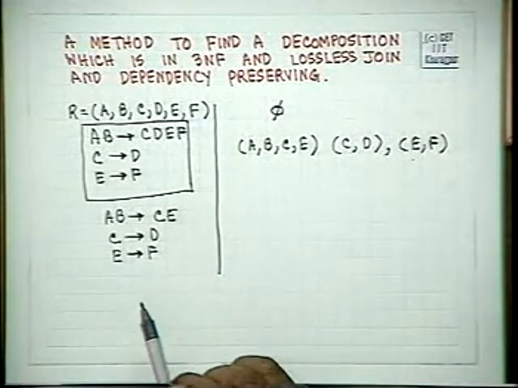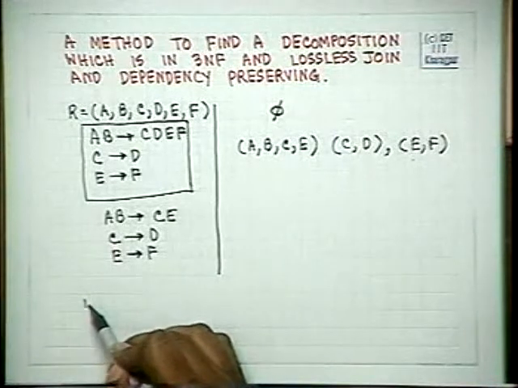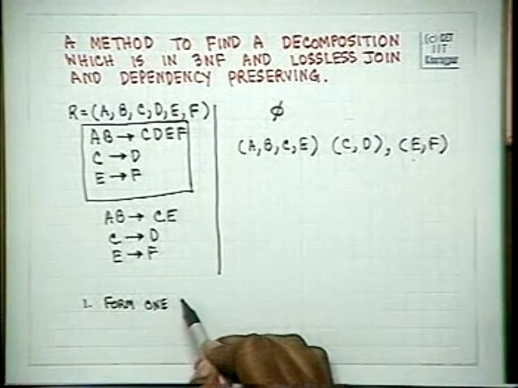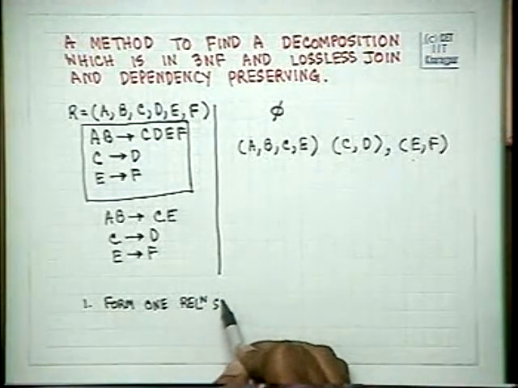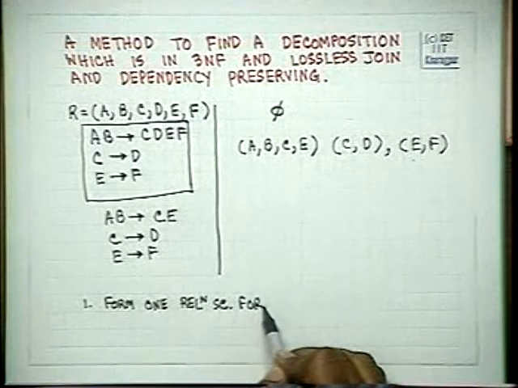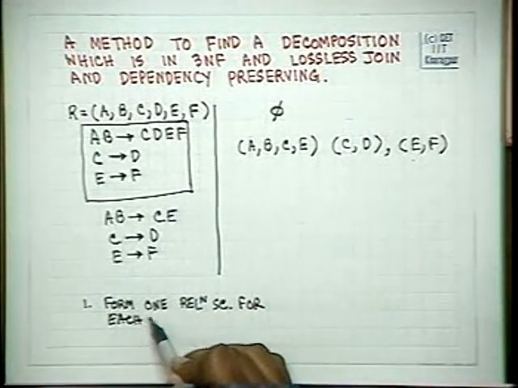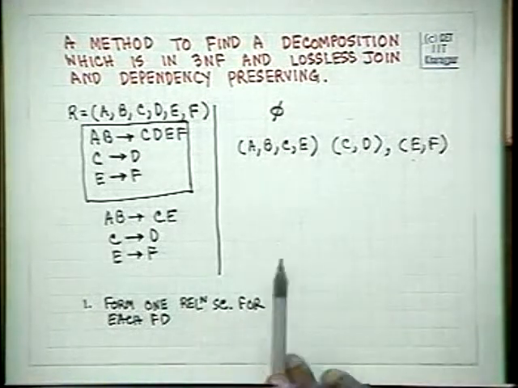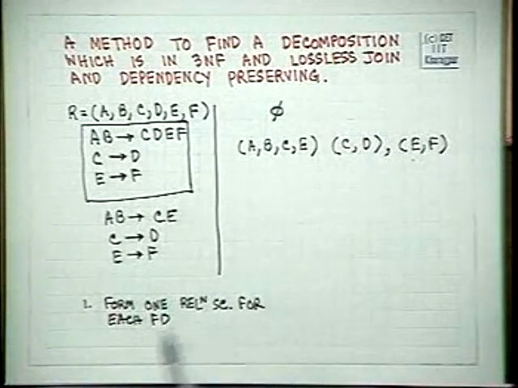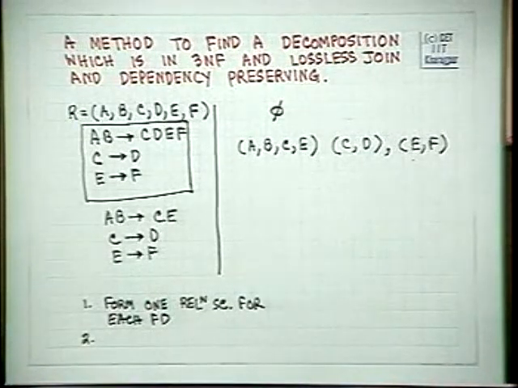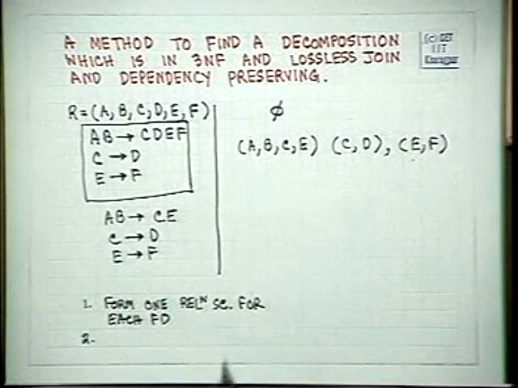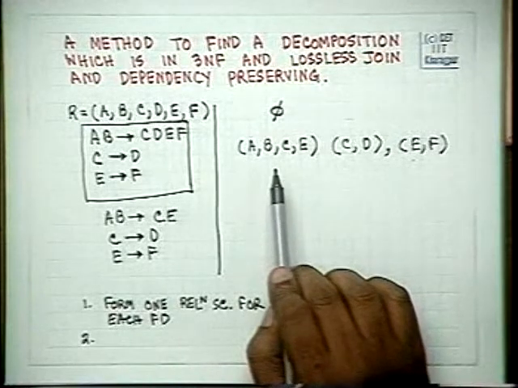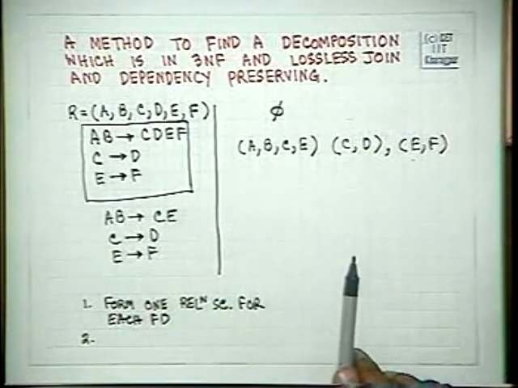So next you have a final check. First, the steps: form one relation scheme for each FD, provided it does not already exist. After you have done this and exhausted all your relation schemes, check if in any one of the relations a super key of the original relation exists.